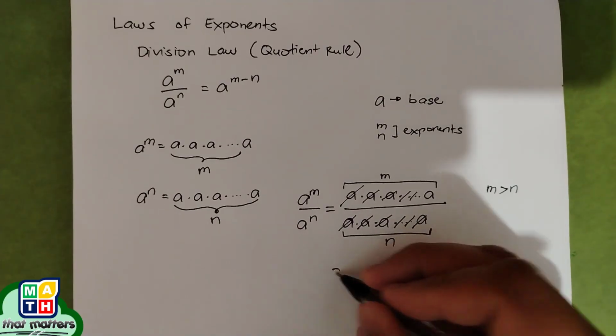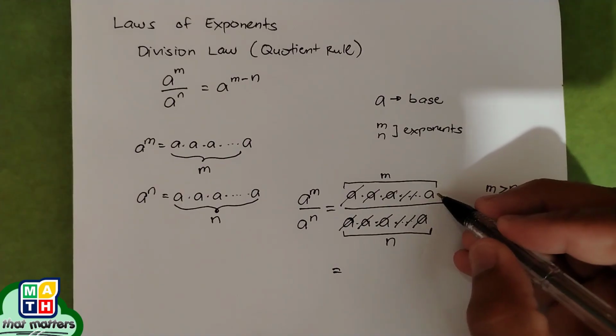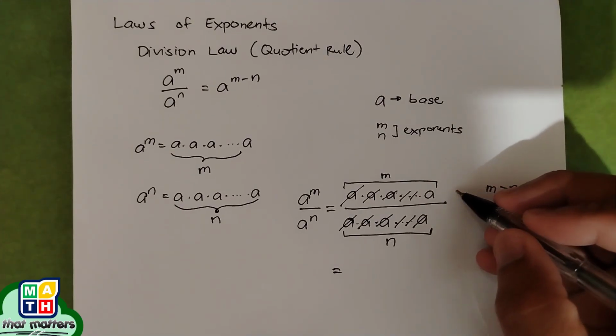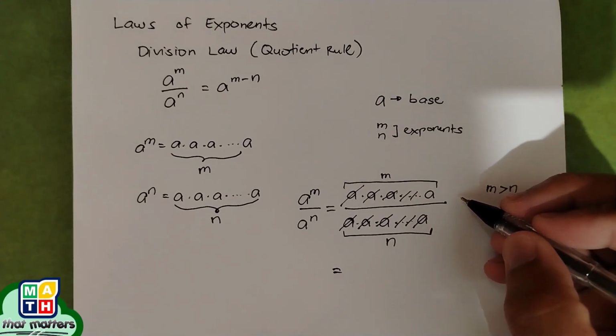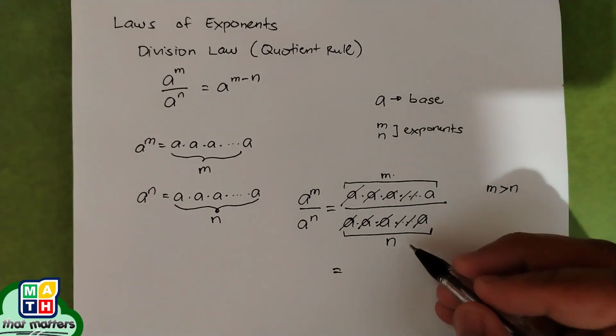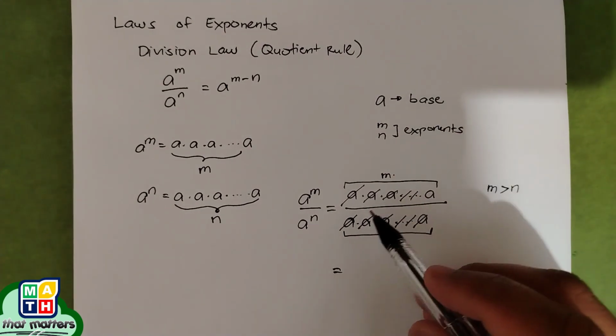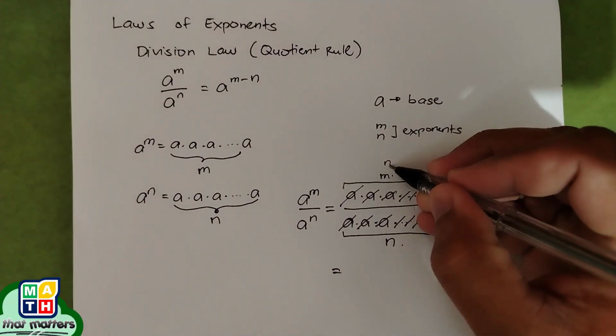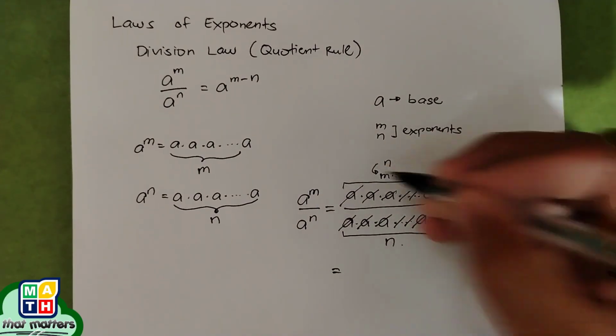The number of a's actually remaining in our numerator is found by subtracting n from m, because when we use the cancellation law, we have removed n number of a's from our m.